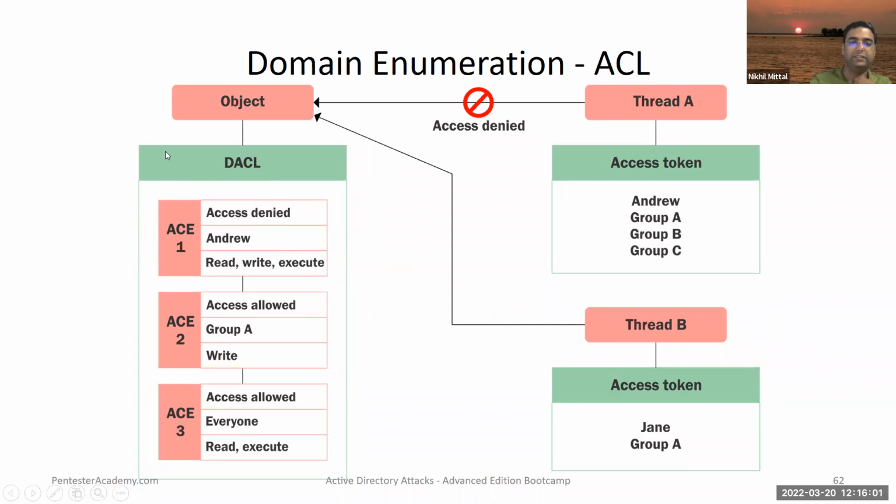Deny takes precedence. So no more comparison would be done and thread A would get an access denied. Thread B, comparison will start. Entry 1 is for Andrew. There is no identity for Andrew here, so there would be no match. Next, there is an access allowed for group A. So thread B would get access now.